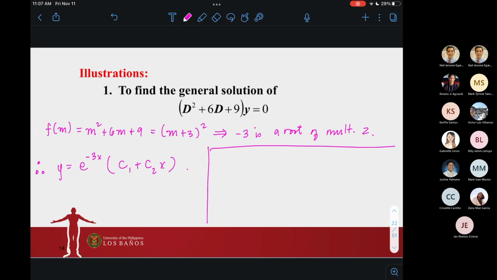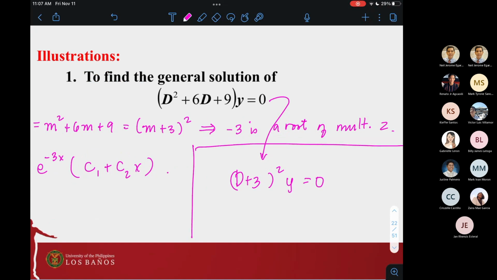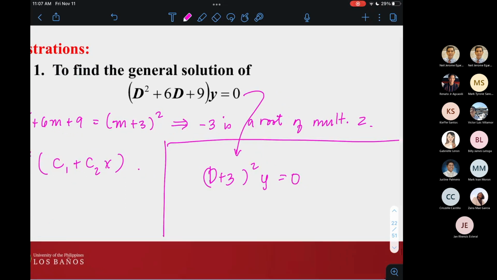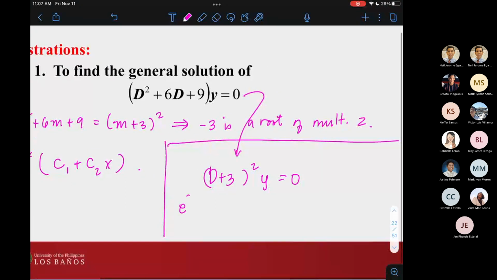Parehas lang yung makukuha na solution because if you apply exponential shift, you can write the operator as D plus 3 squared applied to y equal kay 0. Natutunan natin sa exponential shift, kailangan nating mag-multiply ng e to the 3x to both sides, right?